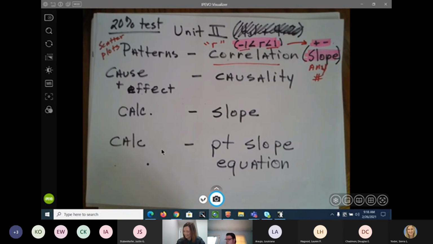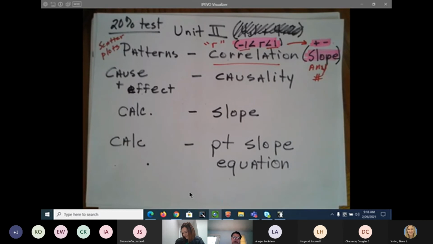Now, what's the difference between correlation and slope? Well, the difference is correlation only goes from -1 to +1. Slope can be any number, so that's the difference between the two. All right, what else?